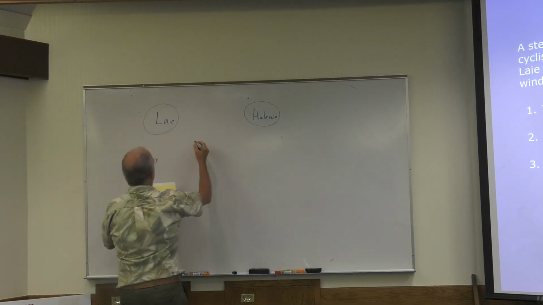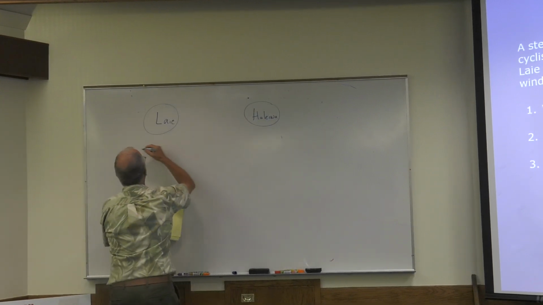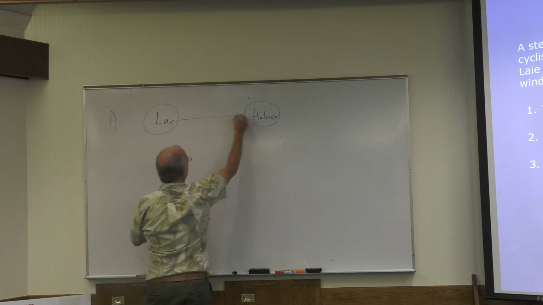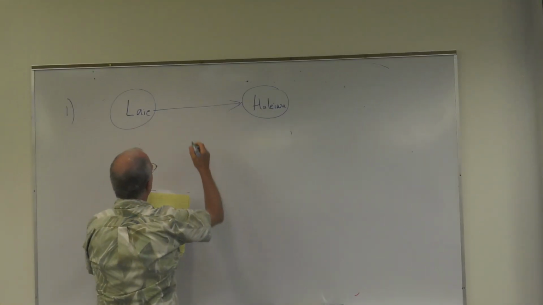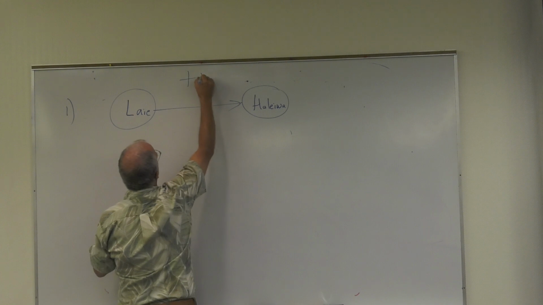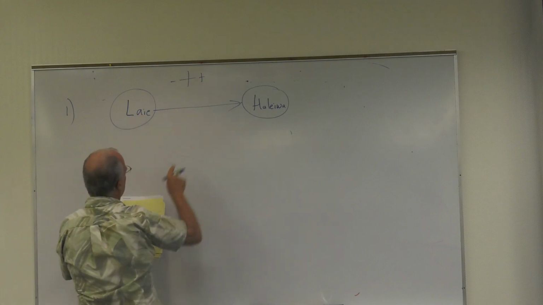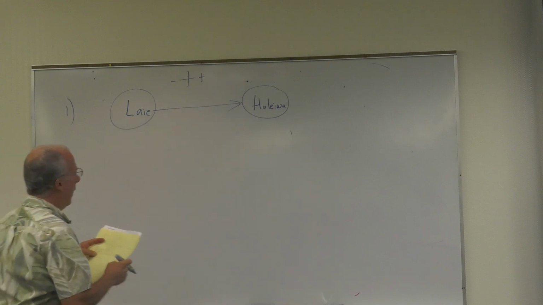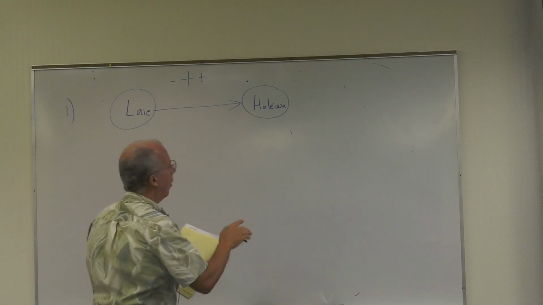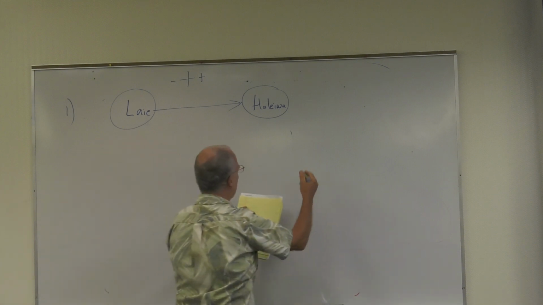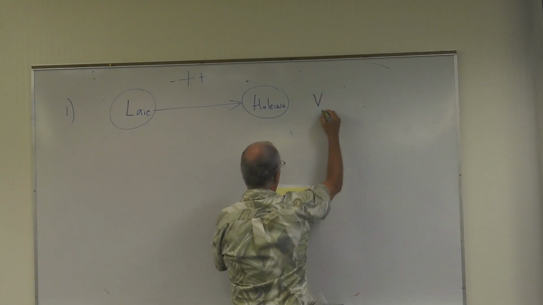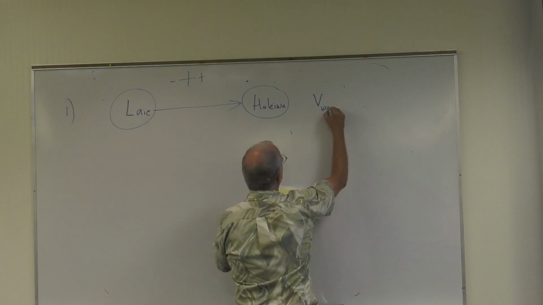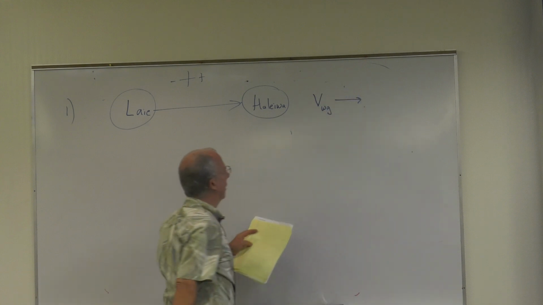Okay, so for number one, we're going from Laie to Haleiwa. And let's just use Randy Knight coordinates, all right? So that's plus direction. And so the wind is blowing from Laie to Haleiwa. So the velocity of the wind relative to the ground is in that direction, right?